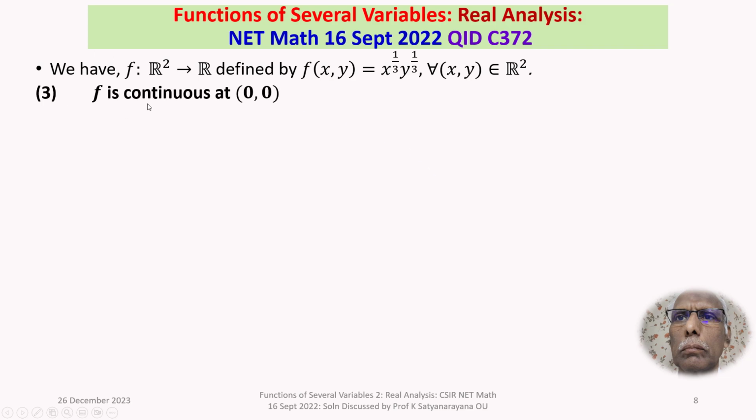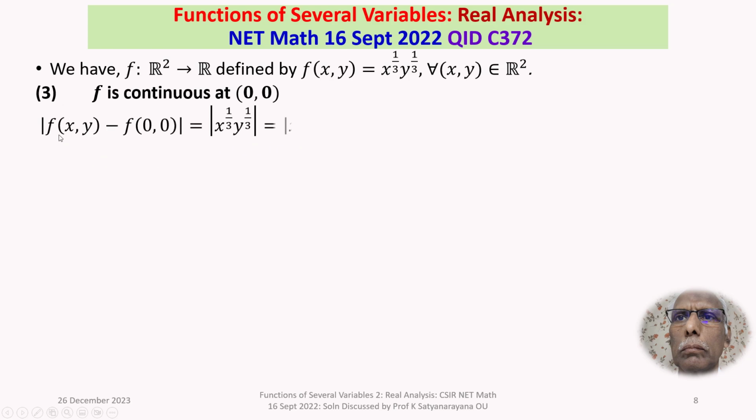Option 3, f is continuous at (0, 0). So we take f(x, y) and f(0, 0), take the modulus, and check whether this can be made arbitrarily small whenever the condition, that is square root of x squared plus y squared, tends to (0, 0).